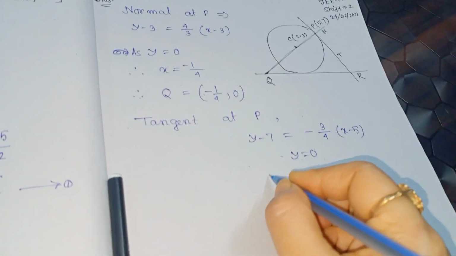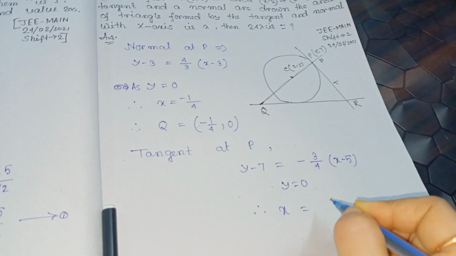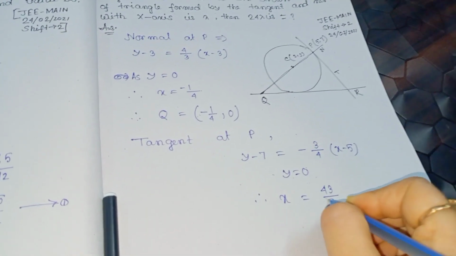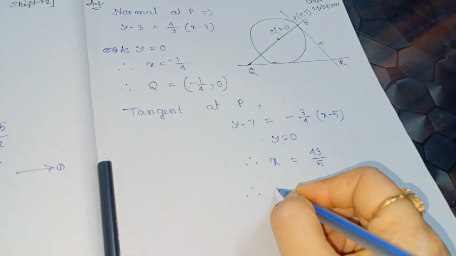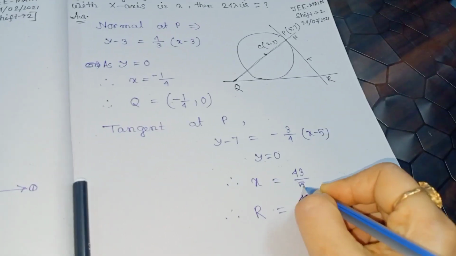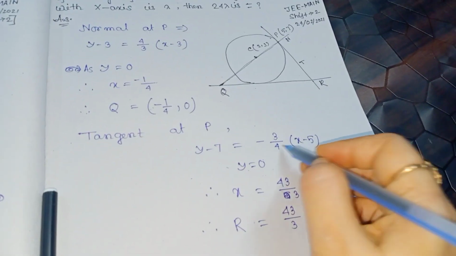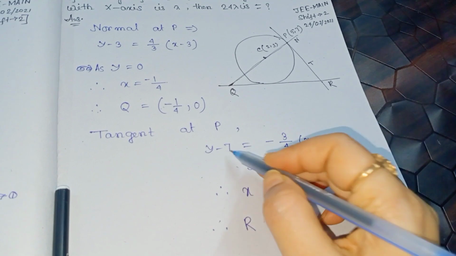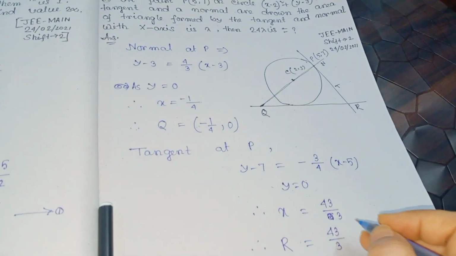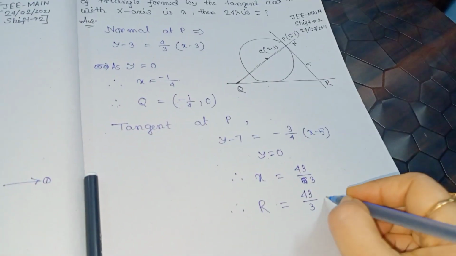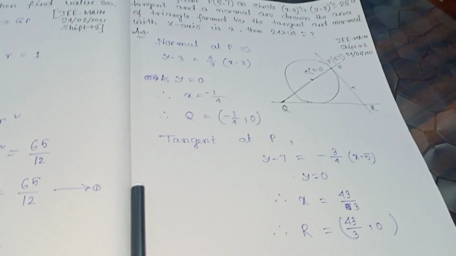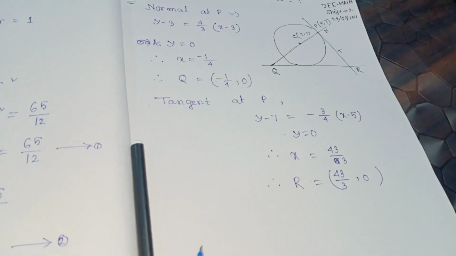So here we get x is equal to 43 by 3. Therefore R is equal to (43 by 3, 0). So this is the coordinate of R.